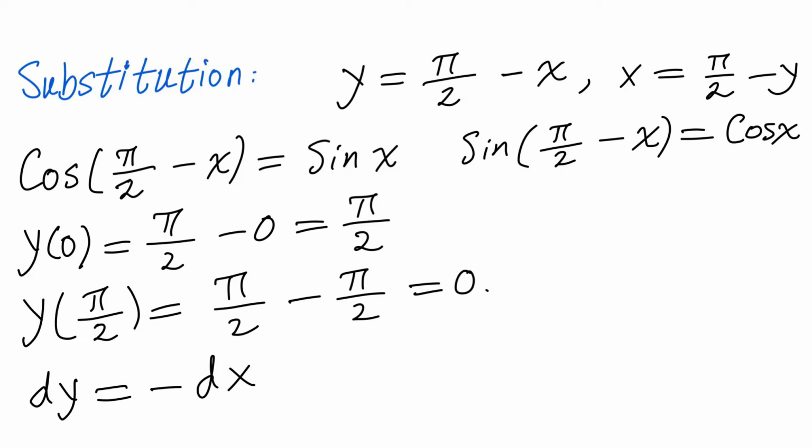So y with x equal to 0 is pi divided by 2 as shown here, and y where x equal to pi divided by 2 is equal to pi divided by 2 minus pi divided by 2, that is 0. Also, we have to differentiate the substitution, so dy is equal to minus dx. And these are the important elements that we require to obtain the integral in terms of the substitution.